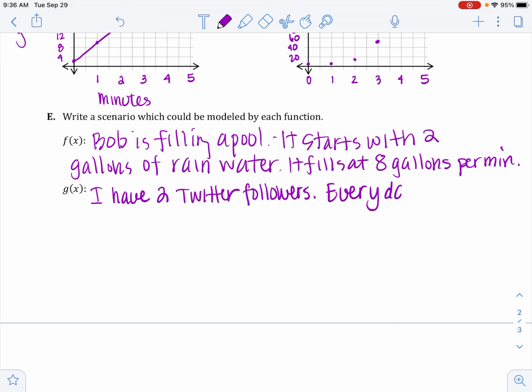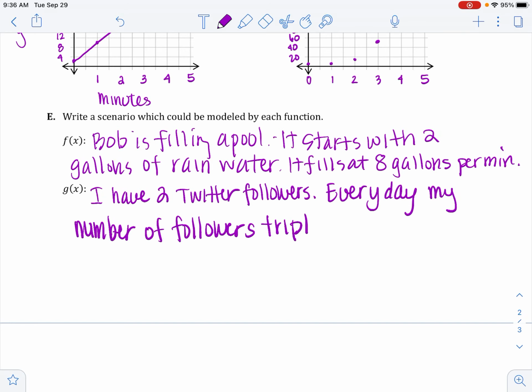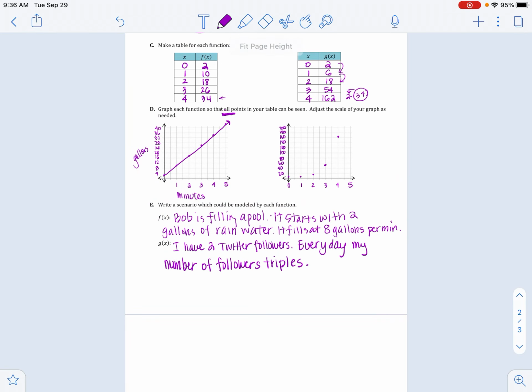Every day, my number of followers triples. I could have said multiplies by 3, but I know the word triples means multiplies by 3.